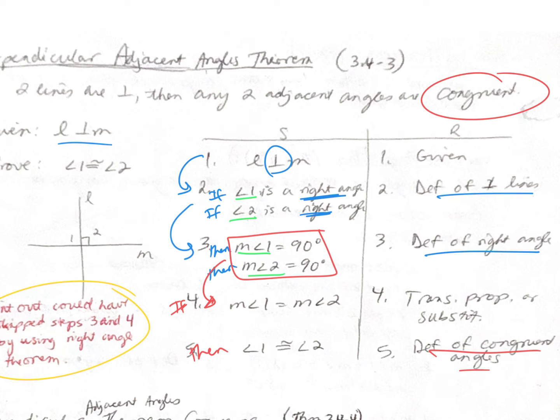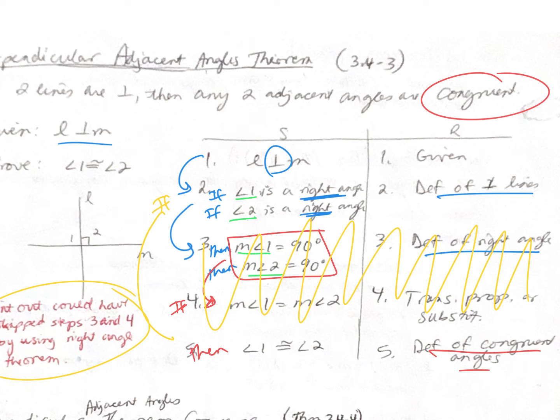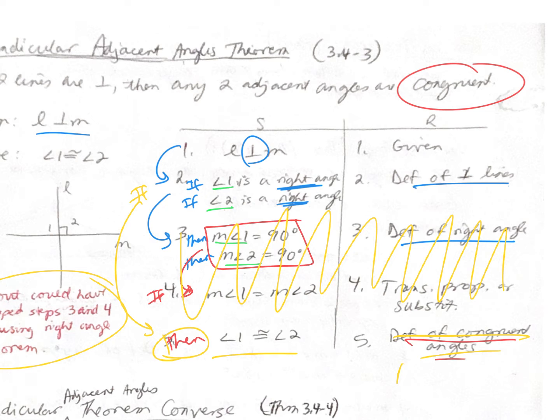So what we could have done in this proof is, if we got steps 1 and 2, once we know angle 1 is a right angle and angle 2 is a right angle, we could have actually skipped steps 3 and 4 altogether, because if two angles are right, then it follows that they're congruent. My reason would no longer be definition of congruent angles. My reason would be right angle theorem.